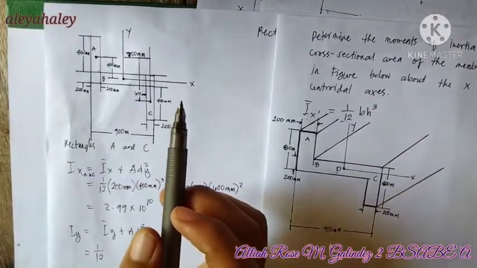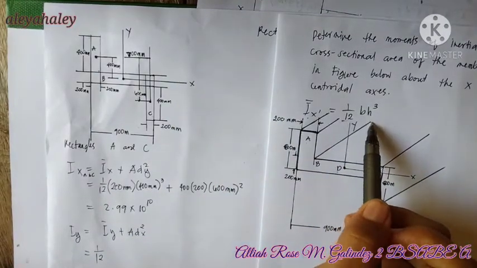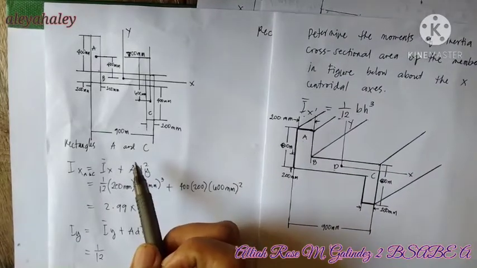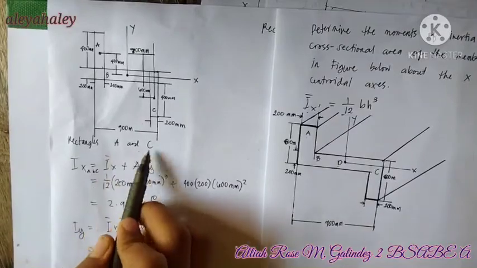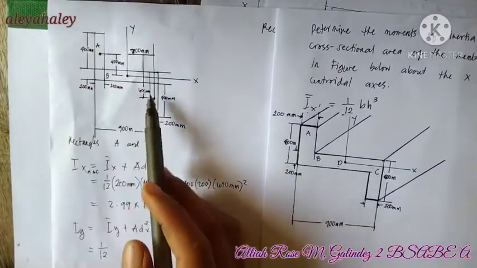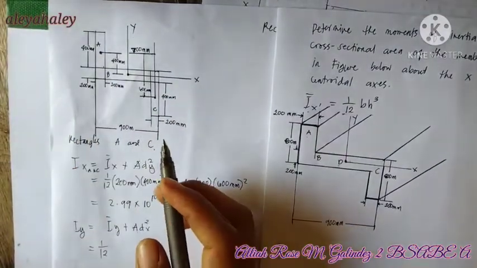So we're going to use this one, and then using the parallel axis theorem for the rectangles. The calculations are as follows. We have these rectangles A and C. Since they have the same dimension, 400 and 200 as the width.